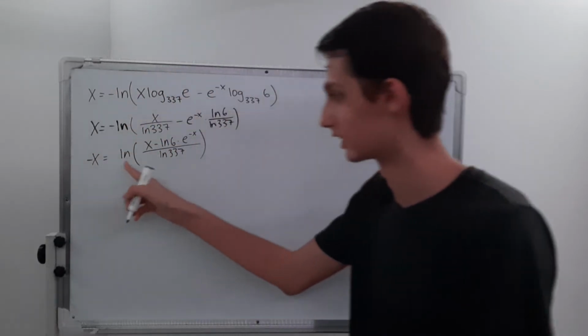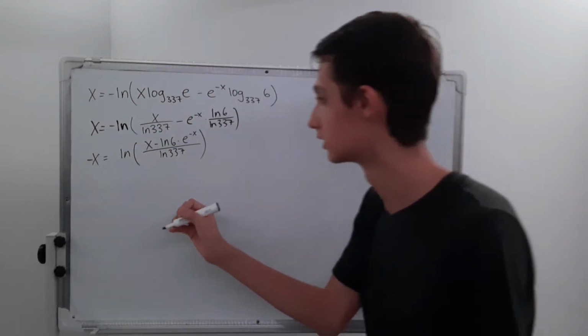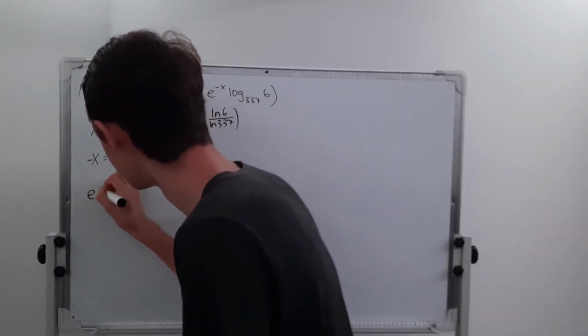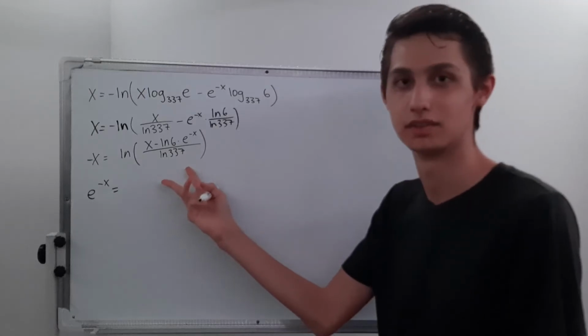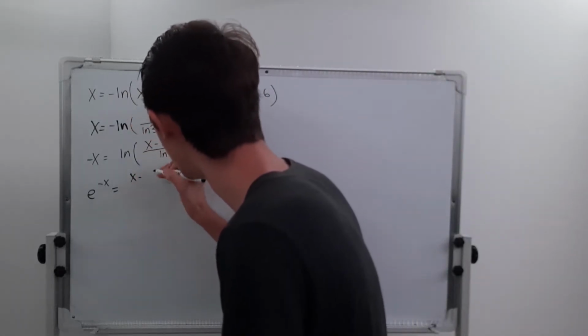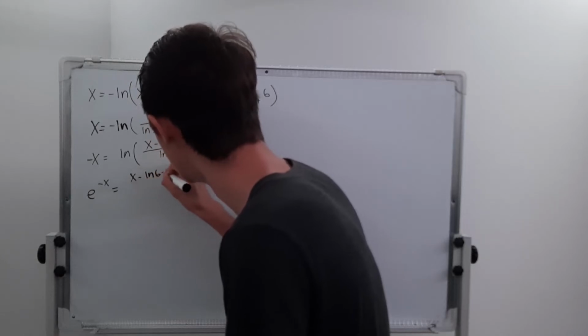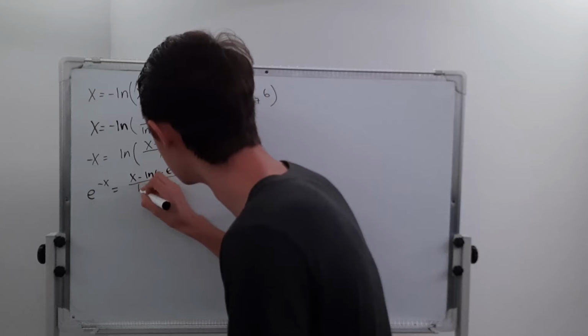So we have negative x equals this, and then I want to raise e to both sides. So basically, I'll just say e to the negative x equals e to the ln of this, which is just, we'll just get that in return. So we have this x minus ln 6 times e to the negative x over ln of 337.